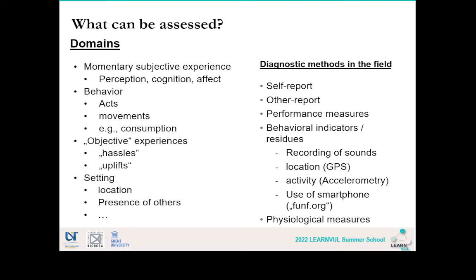The use of smartphones. There are studies looking at how many apps and how much time you are spending, I don't know, looking at your Facebook or Instagram account or playing a game. And you can also have physiological measures, so taking hormone levels at different times of the day or for a certain period of time.